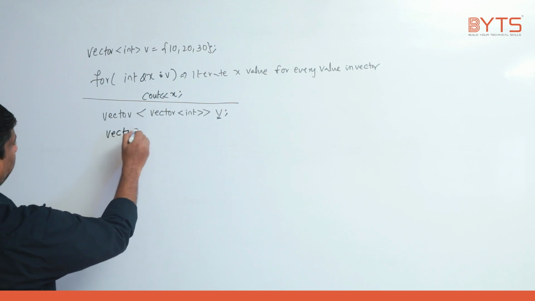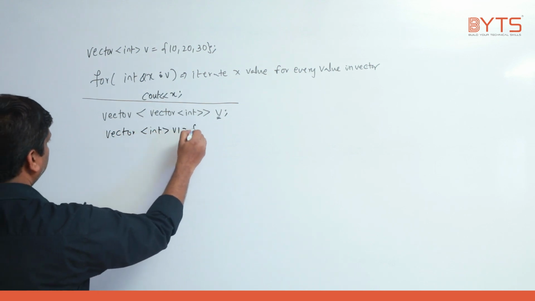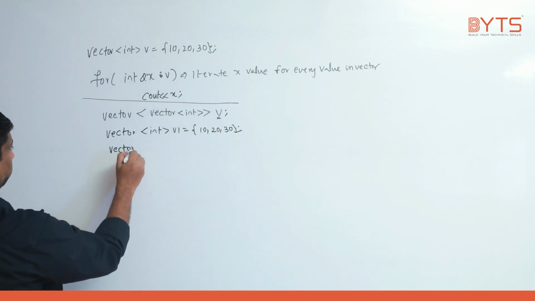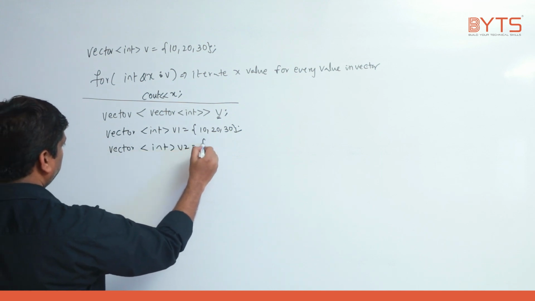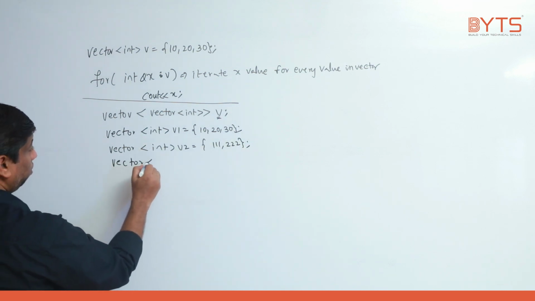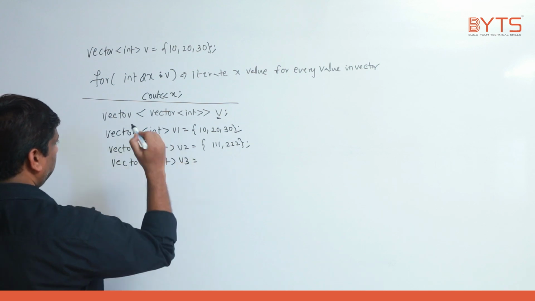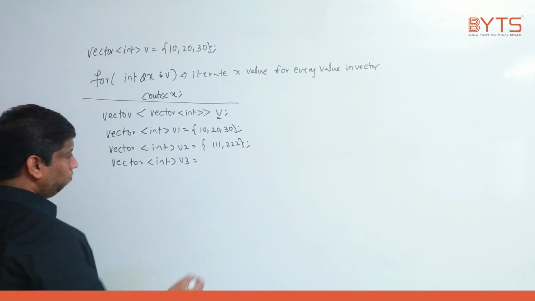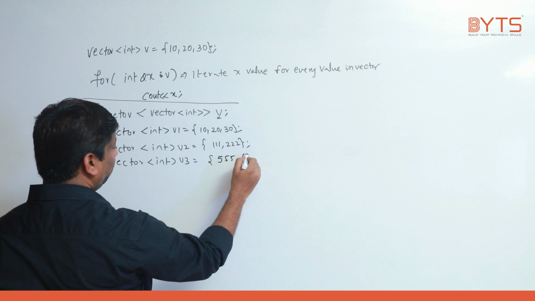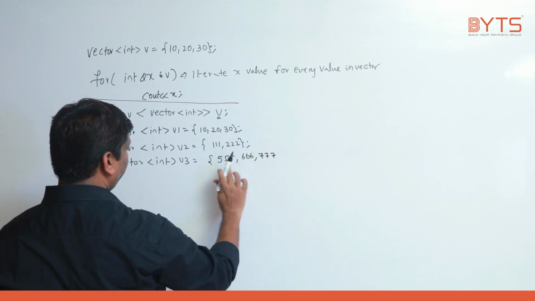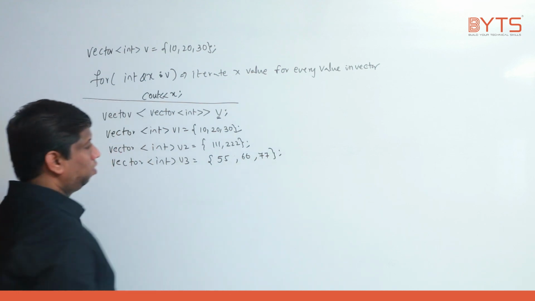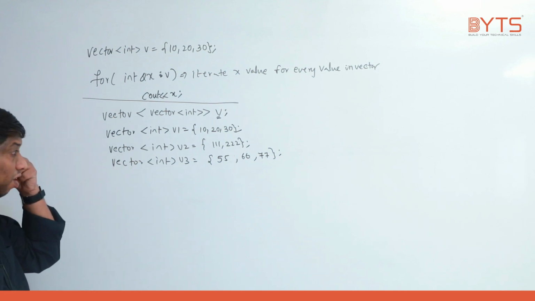Listen, it's easy only. Vector int v1 is equal to 10 comma 20 comma 30. Be careful. Vector int v2 is equal to 111 comma 222. Vector int v3 is equal to 55, 66, 77. Now v1, v2, v3 are vector objects.